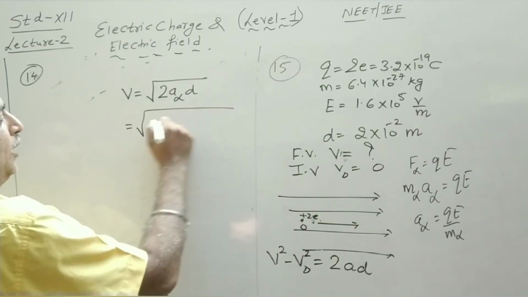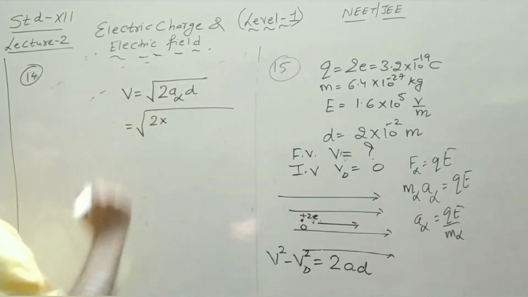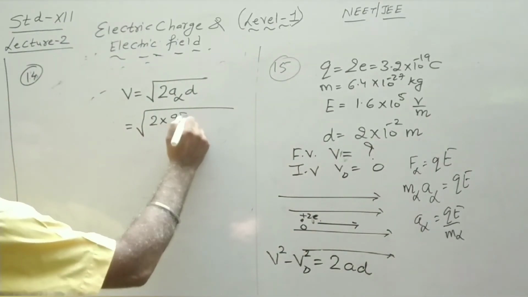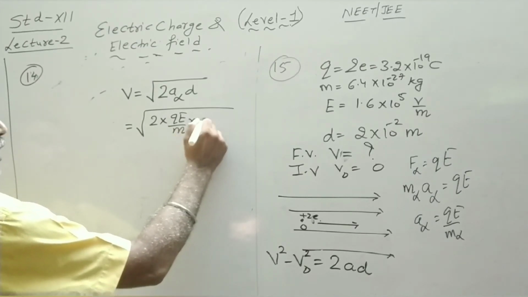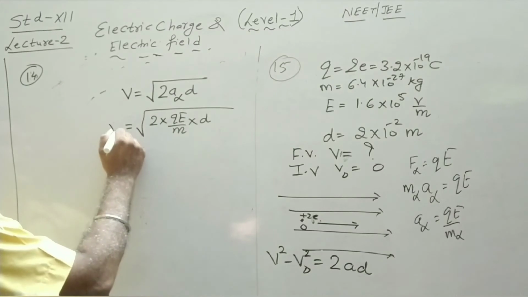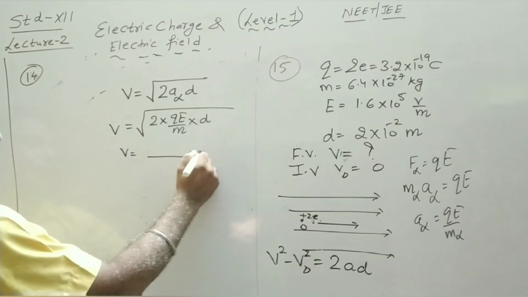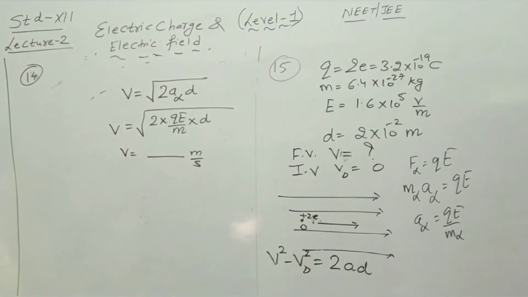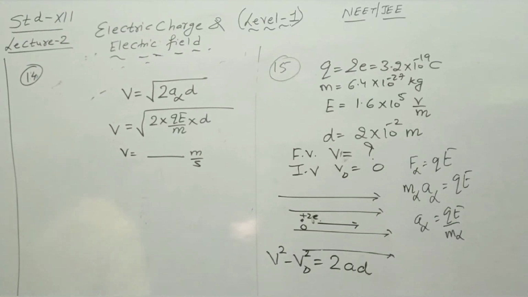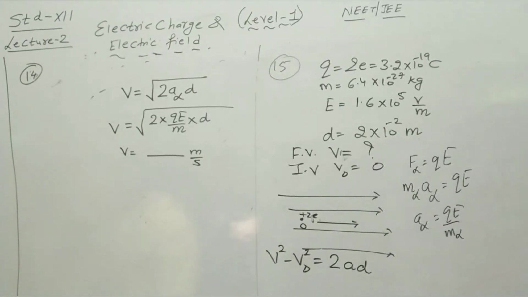This is equal to under root 2 into QE upon m into d. All the physical quantities are given, so you find the answer of this MCQ by substituting the values. The calculation is left as an exercise.